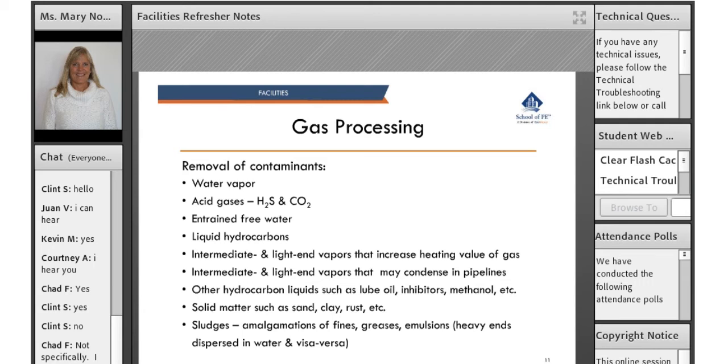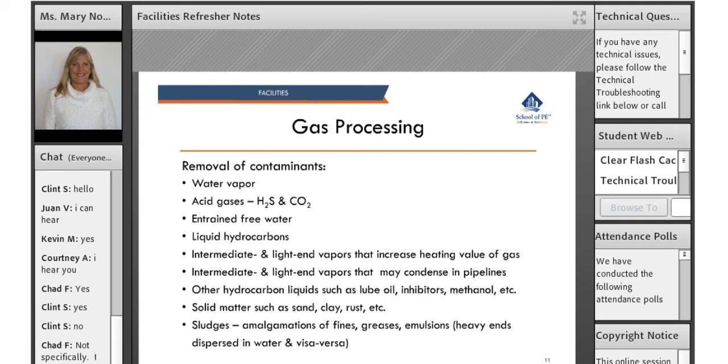And then when you look at the intermediates and light ends, some people will include propane, but maybe more like normal and isobutane, pentanes, maybe propane. Those are all things that increase your heating value of gas, and you have a certain spec you need to meet.